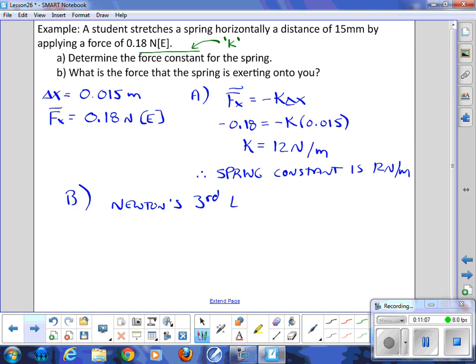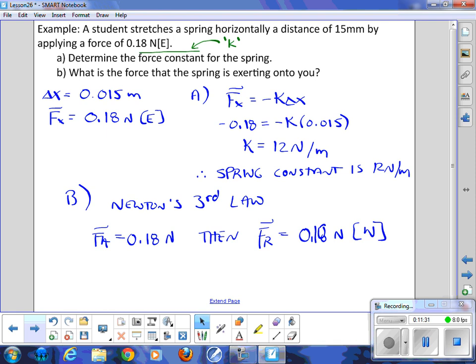So if you were applying a force, if FA is 0.18 newtons, then the reaction force, FR, is going to be equal in magnitude but opposite in direction. So it's actually going to be west. So it's just Newton's third law. Just threw it in there as an afterthought as I was doing the question. And it kind of ties things together, that for every action there's an equal and opposite reaction.